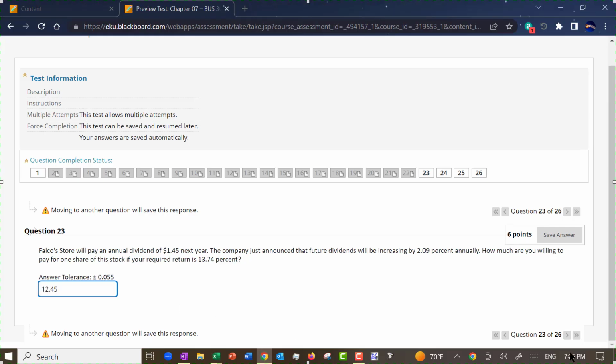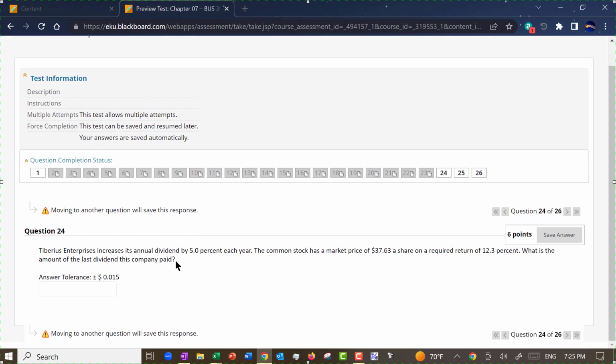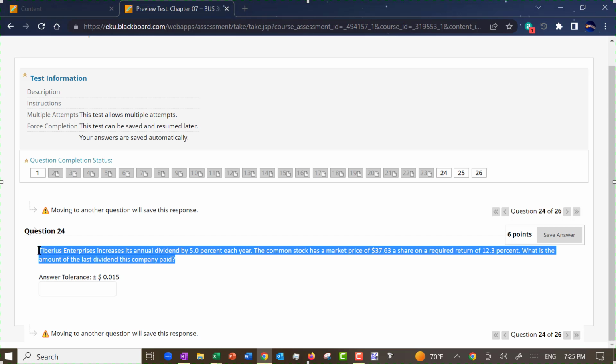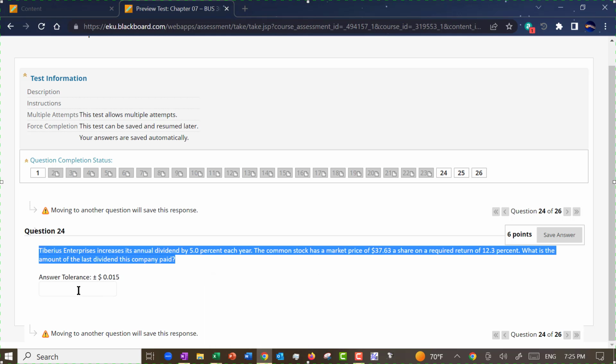Tiberius Enterprises. This got to be Roman. Okay. What is so special about Tiberius in Star Trek mythology? Exactly. Good. Even though I'm not an original series guy, I know Captain James Tiberius Kirk.